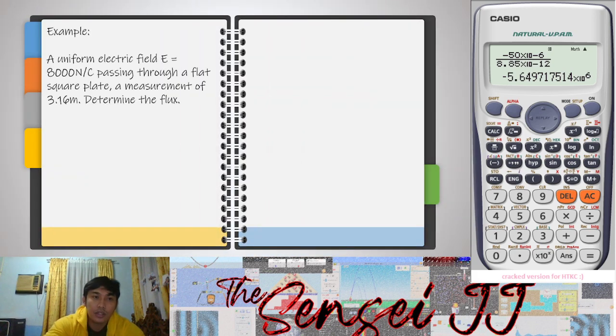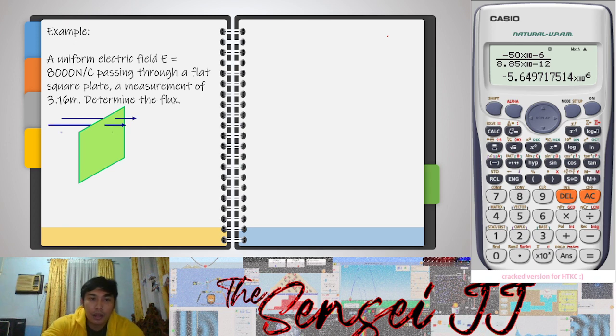Okay, so for this example, we have here a uniform electric field, which is E is equivalent to 8,000 Newton per Coulomb passing through a flat square plate, a measurement of 3.65 meters. So determine the flux. So we will be solving for the flux. So here's our flat plate, and that 3.16 meters is for the sides of our plate.